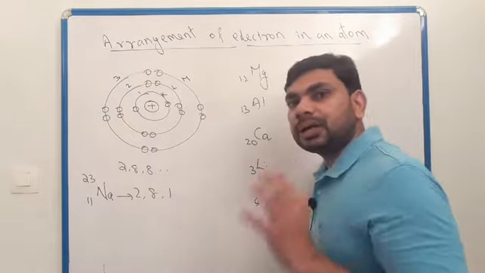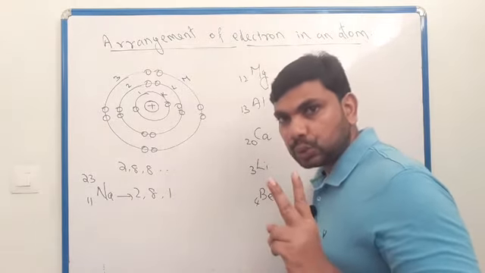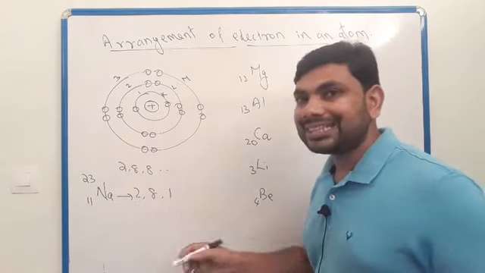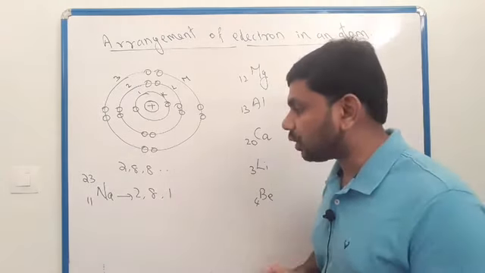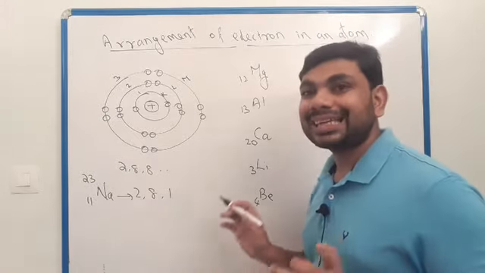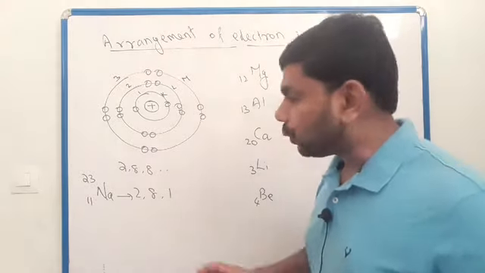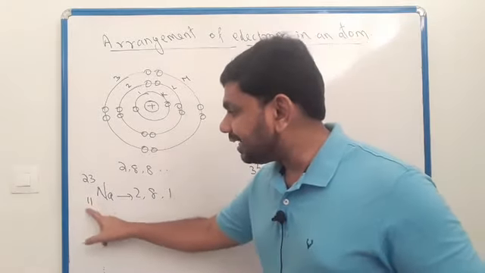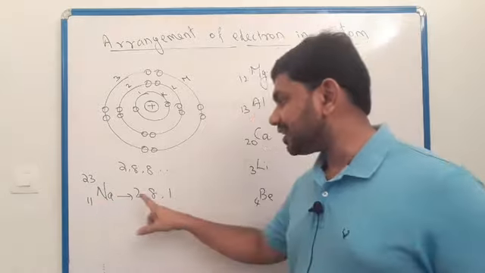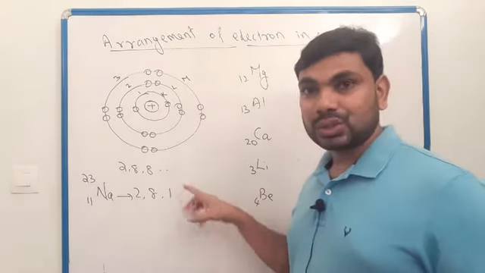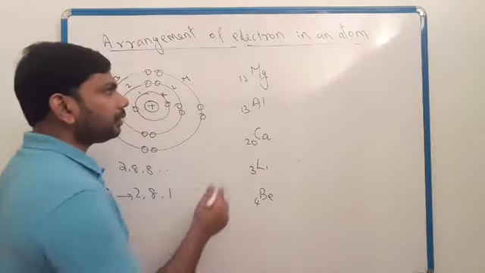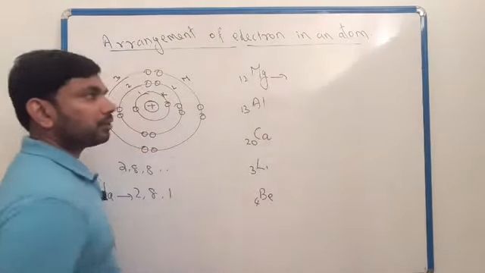So how many electrons in the first shell? First shell 2 electrons, second shell 8 electrons, third shell again not 8. Sodium atomic number 11 means first shell 2, second shell 8. So 2 plus 8 is 10 electrons already. We only have 11 electrons, so 11 minus 10 is 1 electron. So 2, 8, 1.